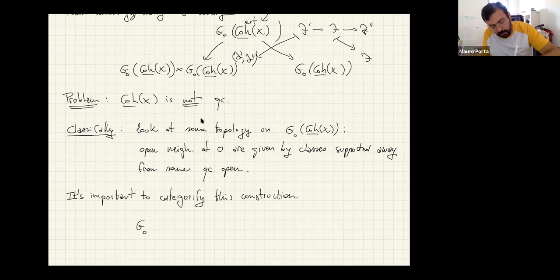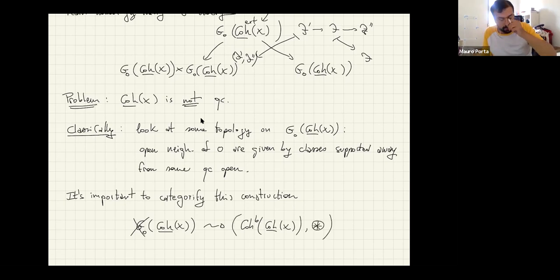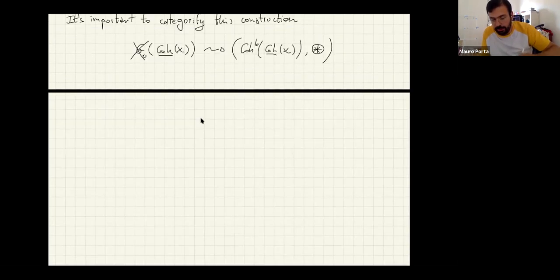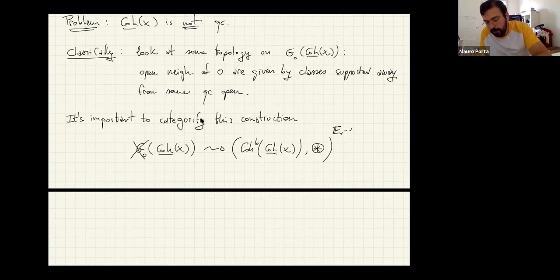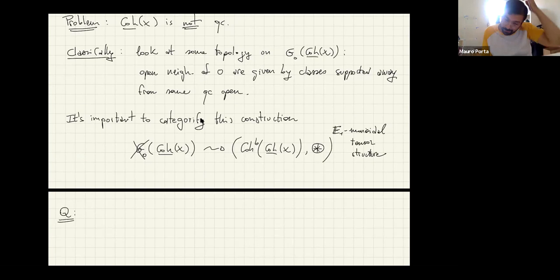Essentially, instead of looking at G0 of Coh X, we now want to look at the derived category, bounded, of Coh X. And we want to put some associative, E1 monoidal tensor structure on it. And now the question is, how do we categorify the topology?